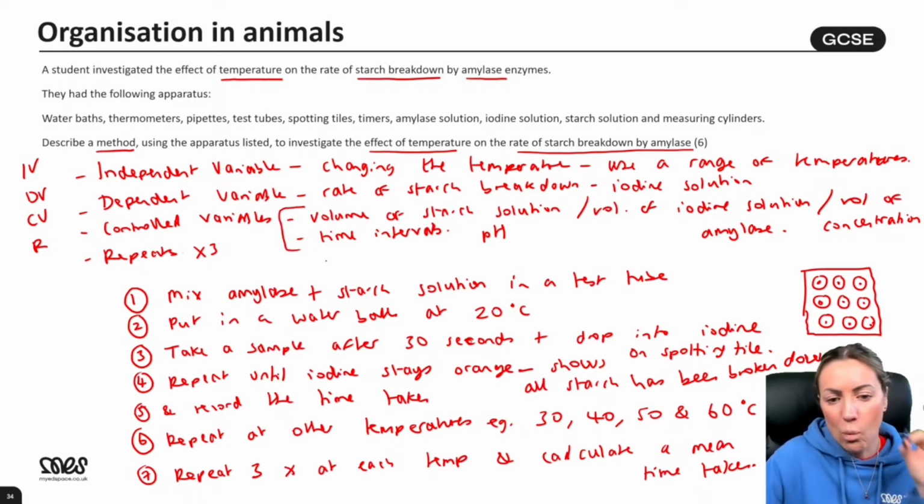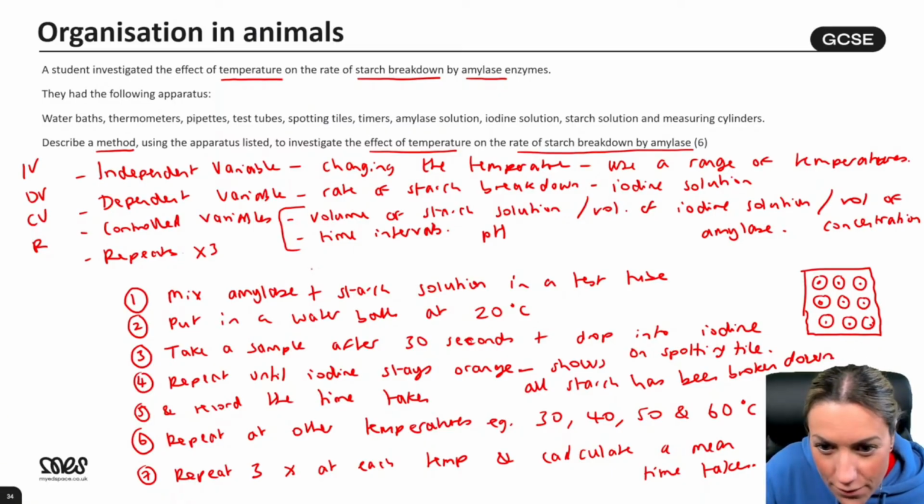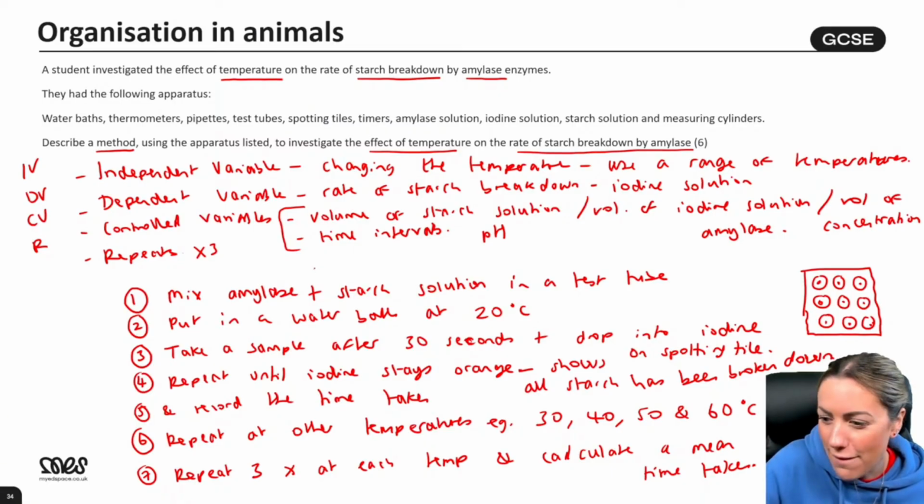I said what the control variables were, and then have they got repeats? So that's how I would recommend structuring it. Start off by just thinking, what's my IV, what's my DV, what's my CV? Remember to repeat. Basic method, but remember to repeat it at the end, because then you can calculate a mean, check you've got at least 3 control variables, and check it's logical. Okay. A control variable, not a command variable.